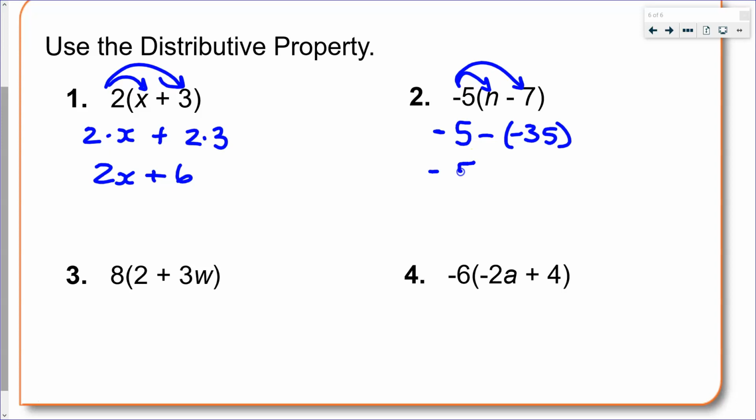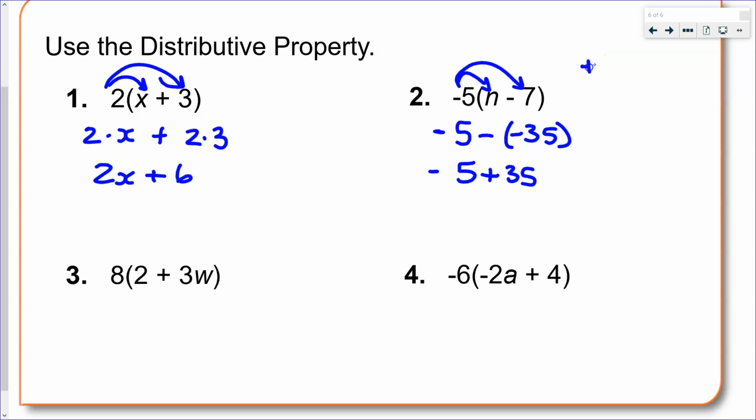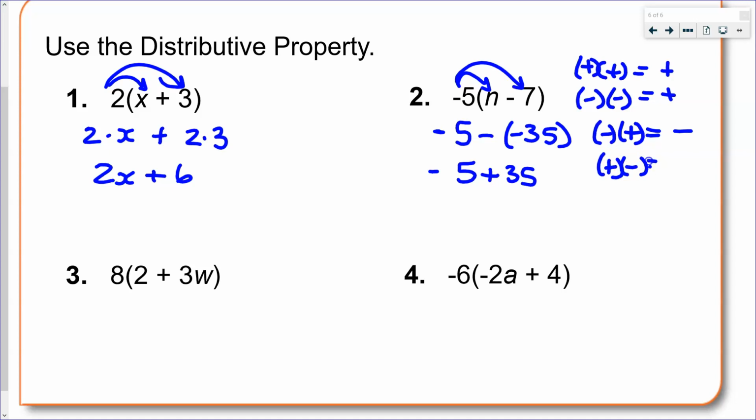So this would actually be 5 plus 35. Quick review of those integer rules. If the signs are the same, then it's a positive answer when you're multiplying. Okay, if the signs are different, then it's a negative answer. Hopefully you remember that, but just in case you don't.